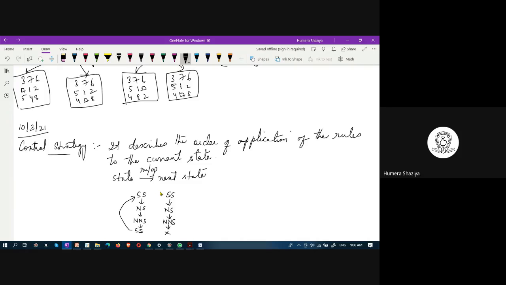There are two directions in which search could proceed. What are the two directions in which search can proceed?